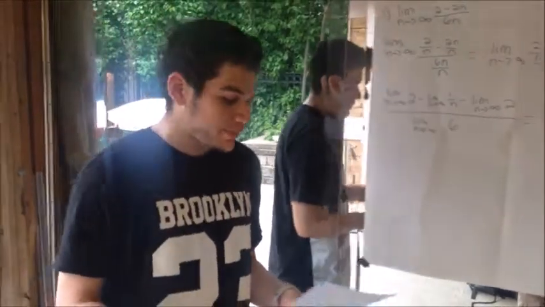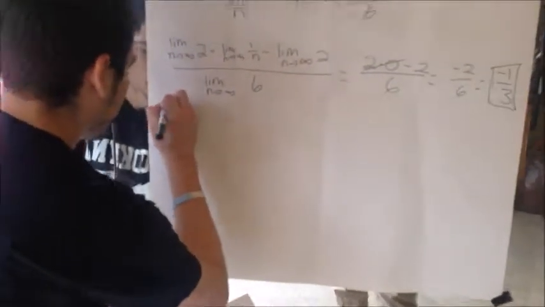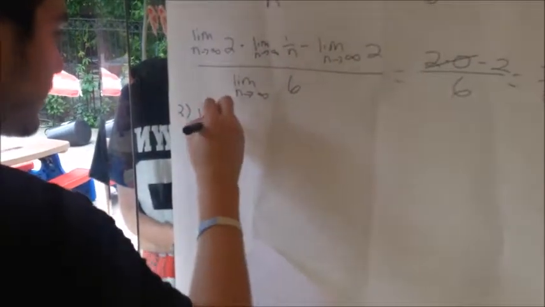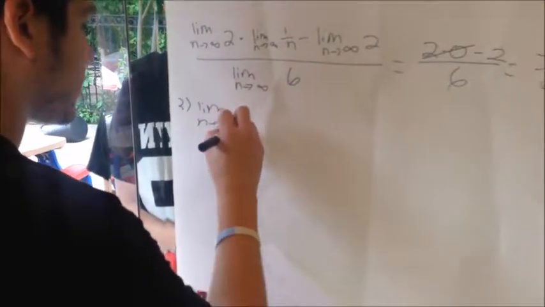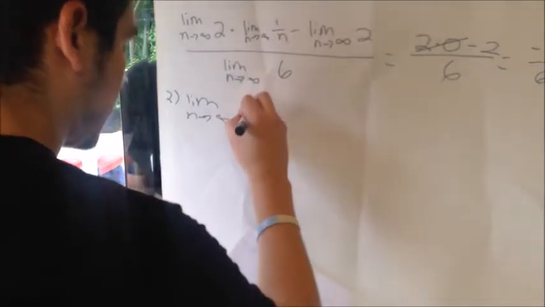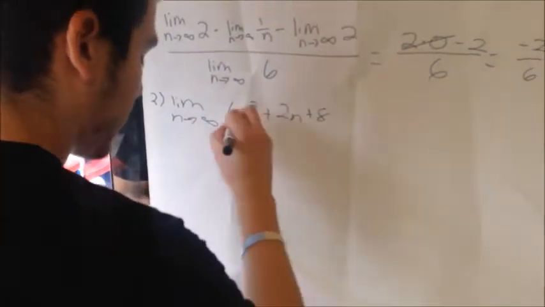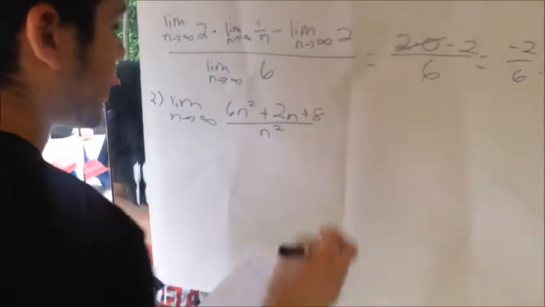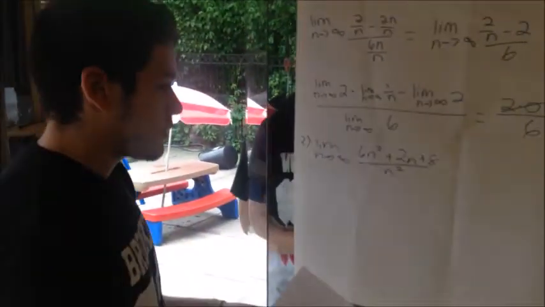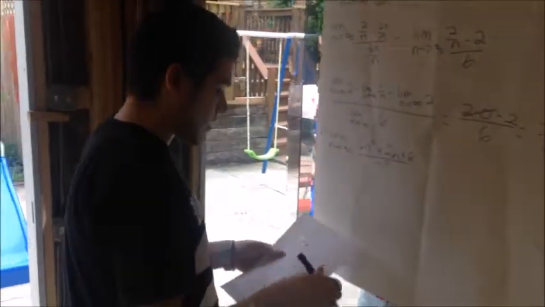Alright, for the next example, this is number 2. You have the limit as n approaches infinity of (6n squared plus 2n plus 8) over n squared. Since n squared is our highest, we're going to divide all of this by n squared.